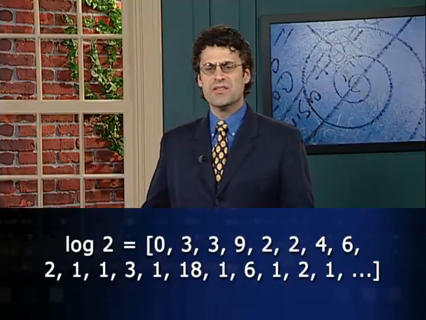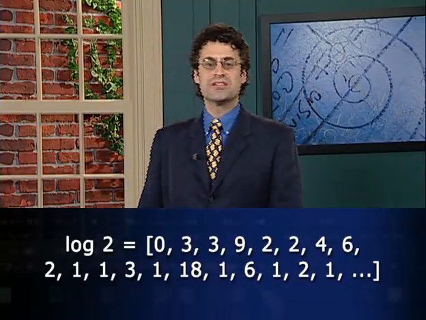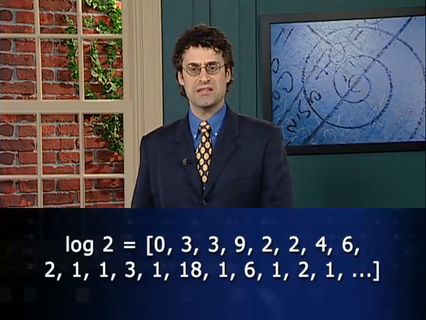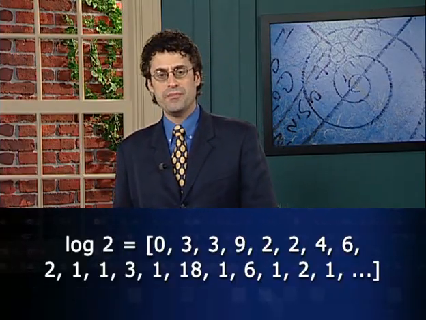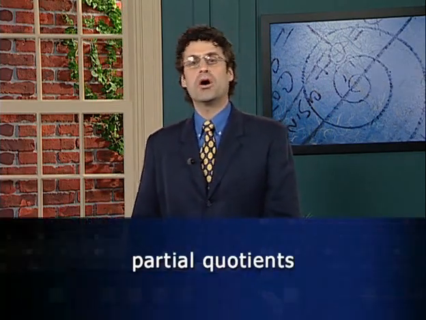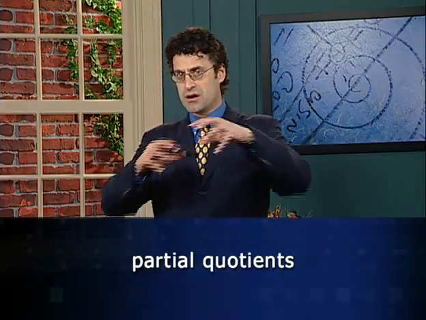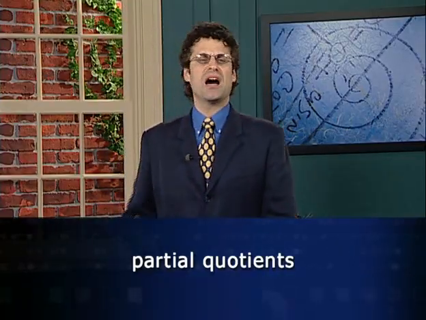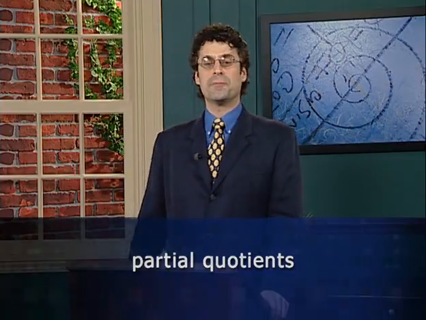Now, notice that there's no obvious pattern to the natural numbers appearing in the continued fractions that we see here, in this particular one. Now, those natural numbers that appear, those A's as we're calling them, are called partial quotients because they're part of the quotient that we're seeing here, whether or not they form a pattern or not.